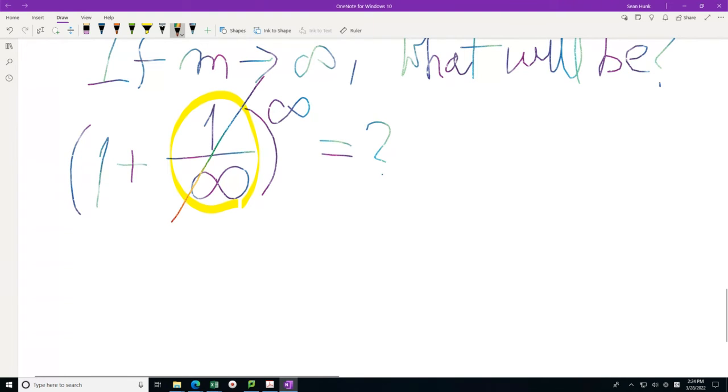1 over infinity. So wouldn't that be 1? No, you're dividing 1 by an infinitely large number. How can it be 1? No, I'm asking about the first number. That's a 1, right? Yes, the first number is 1.